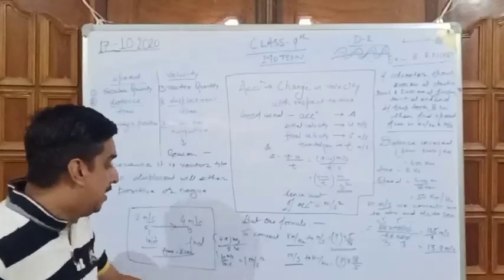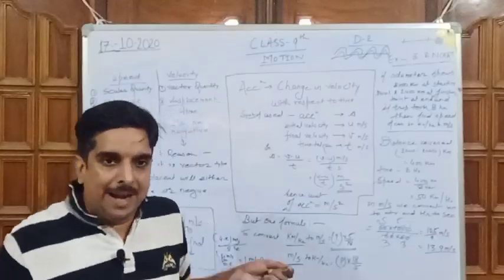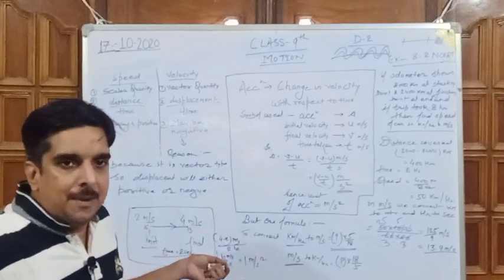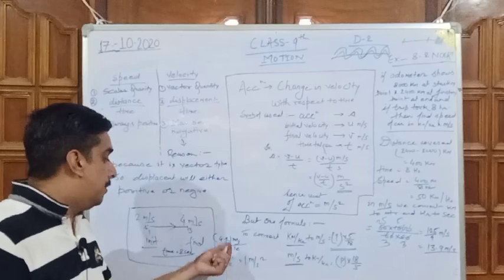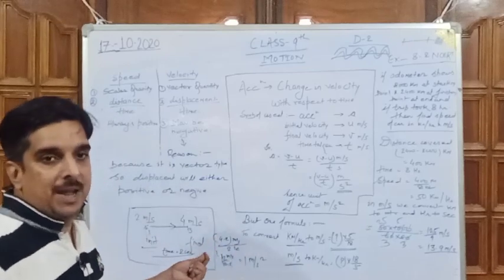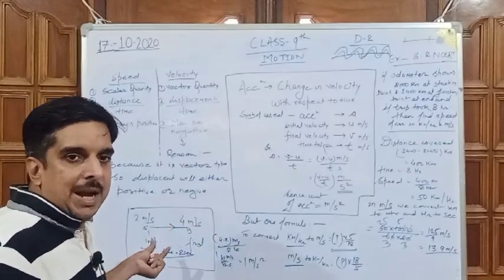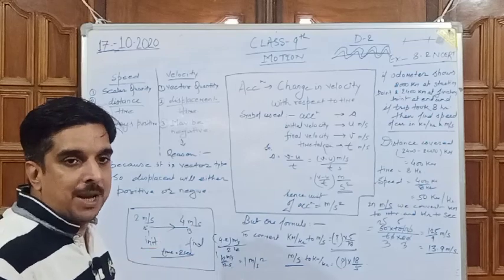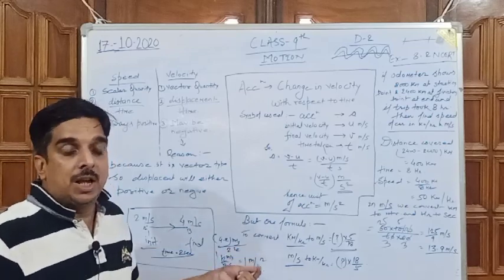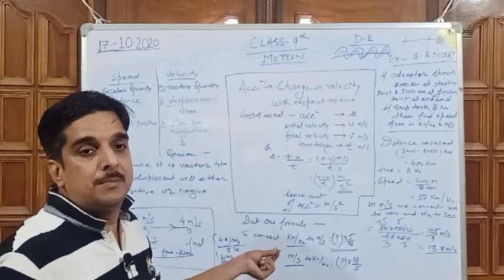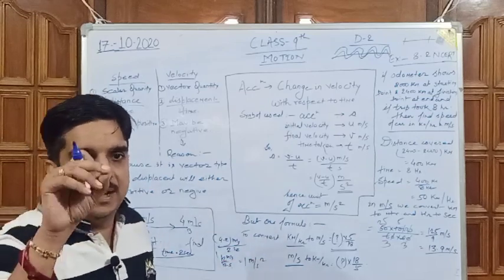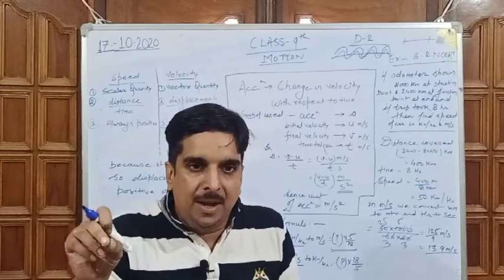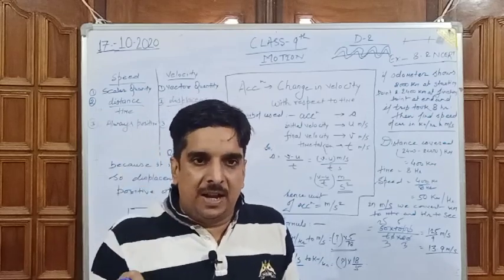By this example I am easily able to explain how the calculation takes place, final minus initial by total time taken, and how the unit of acceleration is meter per second square, because the unit of velocity is meter per second and the unit of time is second.